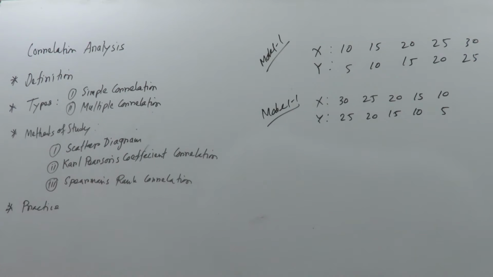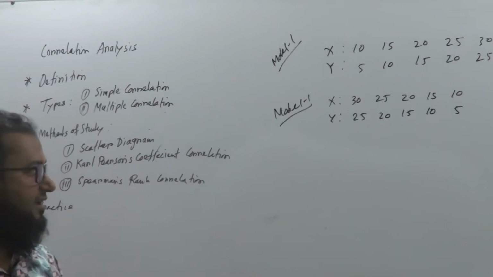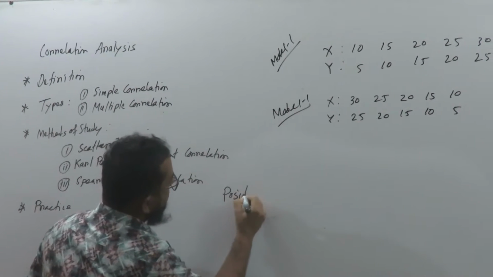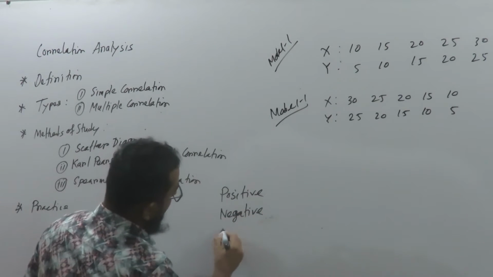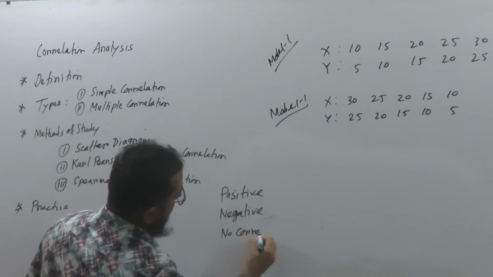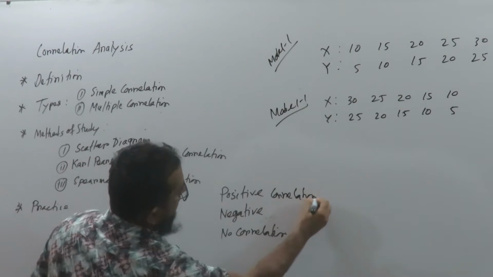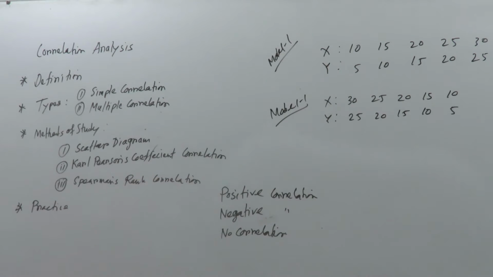I would like to inform you that correlation may be of three types: positive correlation, negative correlation, and no correlation, or zero correlation. When we calculate the relationship, we find either positive or negative, or no correlation.